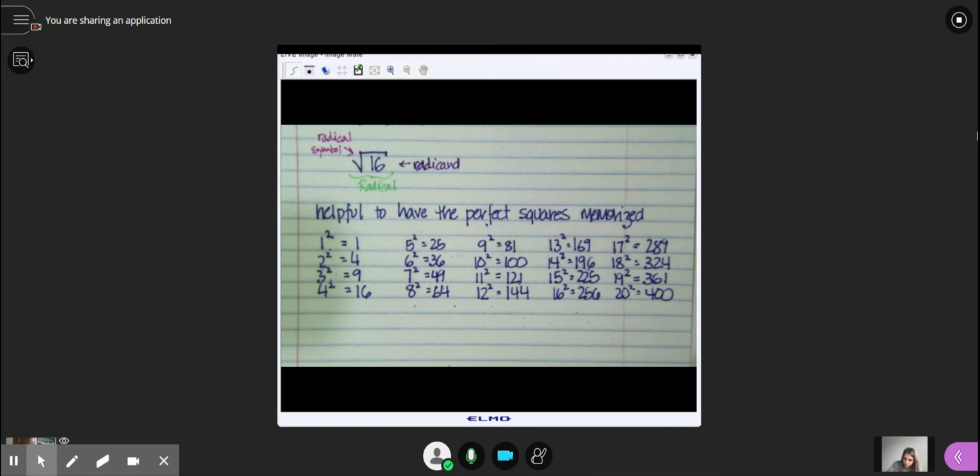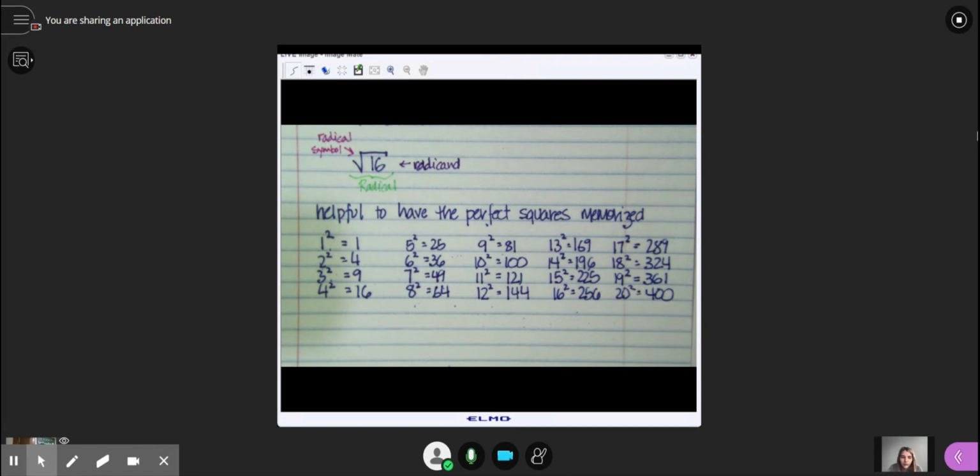Because if you know, for example, that 18 squared is 324, you'll know 17 squared has to be less than that, right? So 17 squared has to be between 225 and 324. And so when faced with a number, you can at least decide if it's between those two.